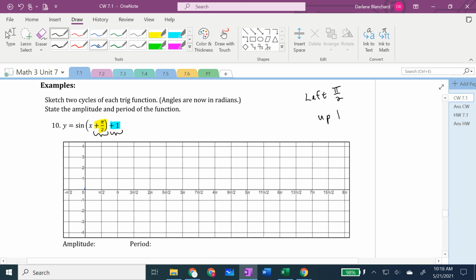So what I'm going to do is put in the parent graph points of sine, and then I'm going to move those. So first of all, the origin, I move it left pi over 2 up 1, left pi over 2 up 1, and I'm just going to keep doing that.